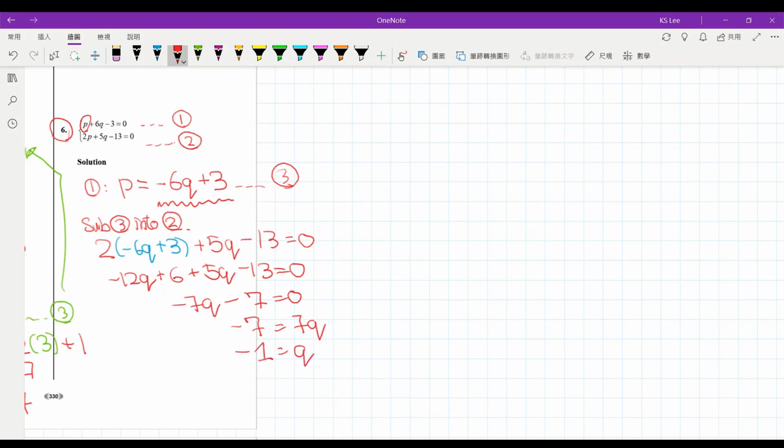Therefore, q equals -1. So now we can do our second substitution.